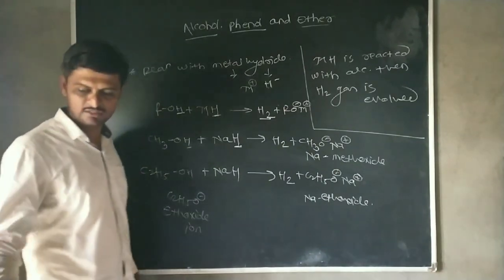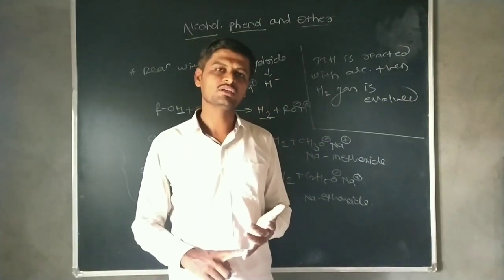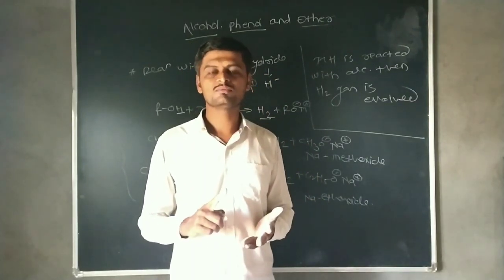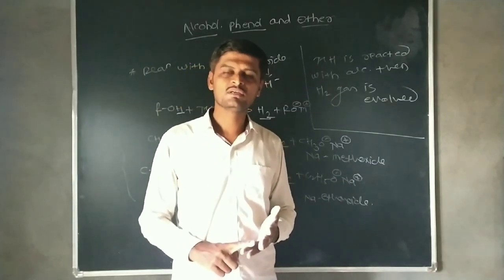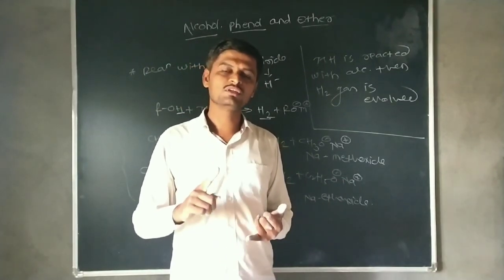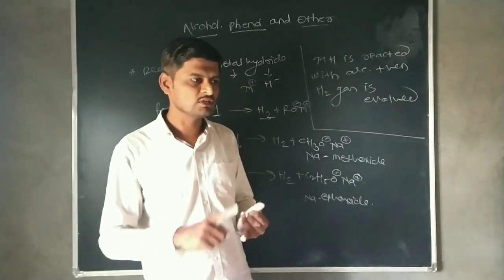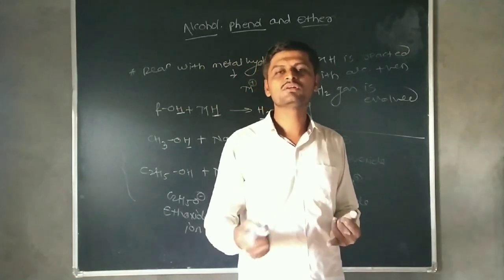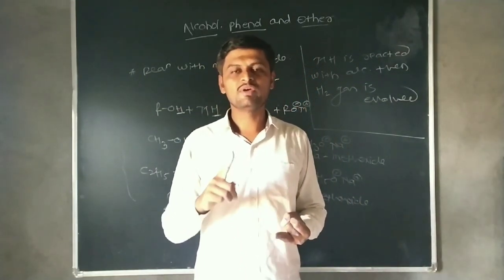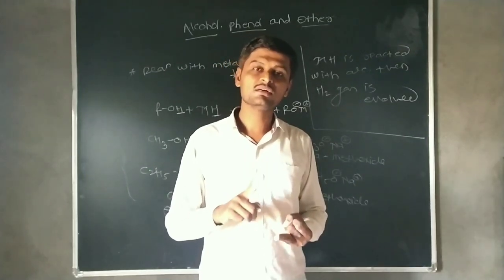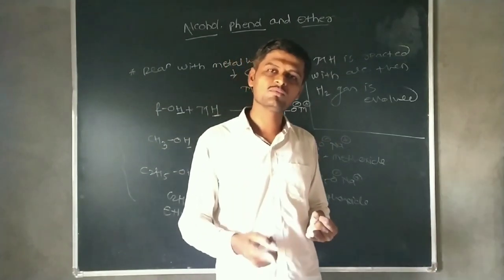In this lecture, we studied the preparation of ester. We also studied the preparation of metal alkoxide. In the preparation of ester, firstly we consider carboxylic acid reacted with alcohol. Secondly, we consider acyl halide reacted with alcohol.